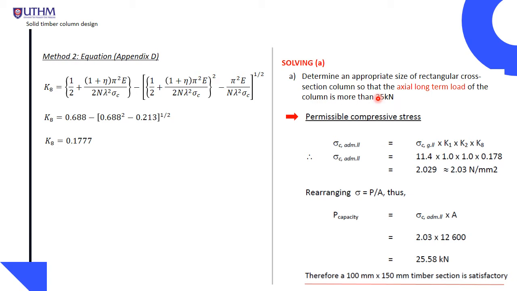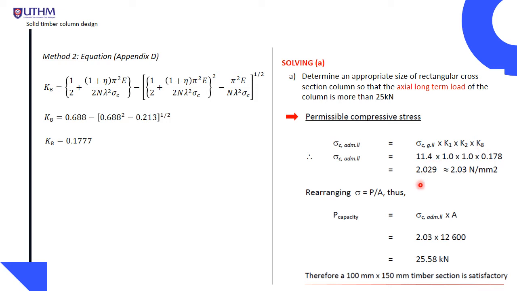So we solve question A, where we have to determine the appropriate size of rectangular cross section so that the axial long-term load of the column is more than 25 kN. We first calculate the permissible compressive stress, which is equal to the grade compressive stress parallel to grain times factors K1, K2 and K8.